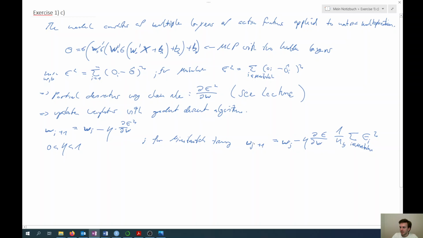Basically, we update in mini-batch training by having the old weights before this batch, the weights W_j we used for the calculations within this batch.